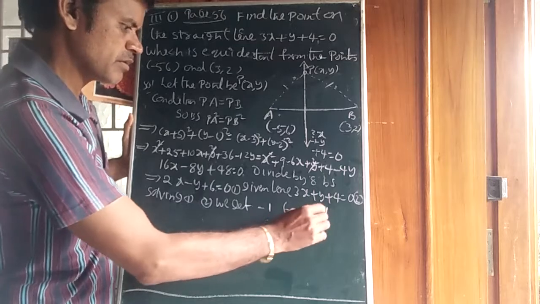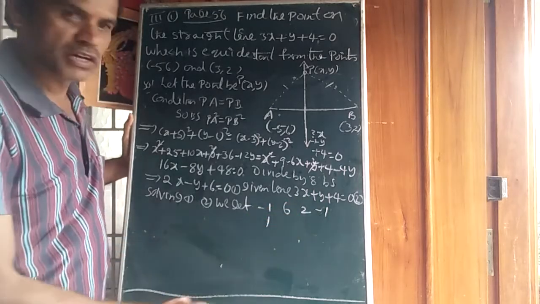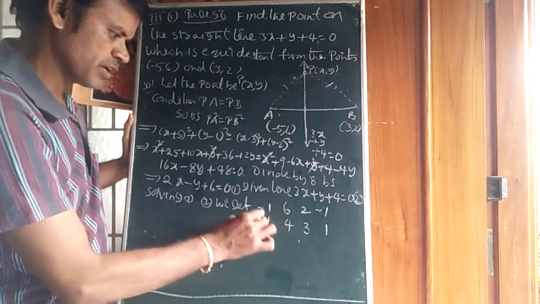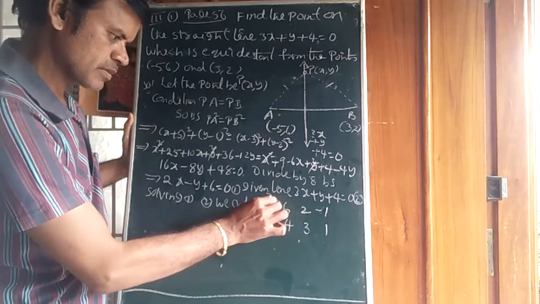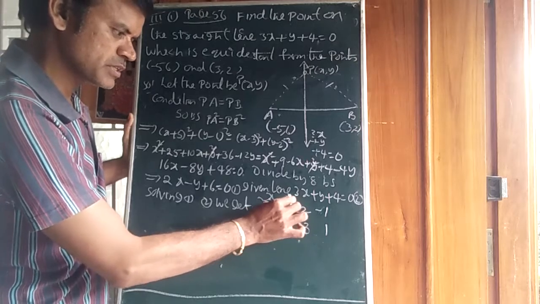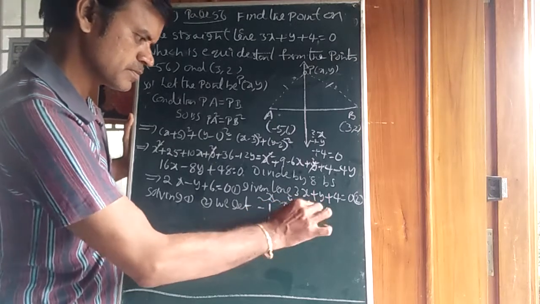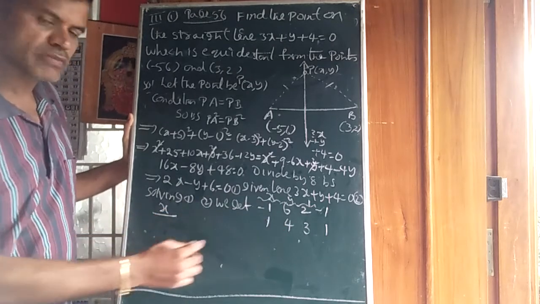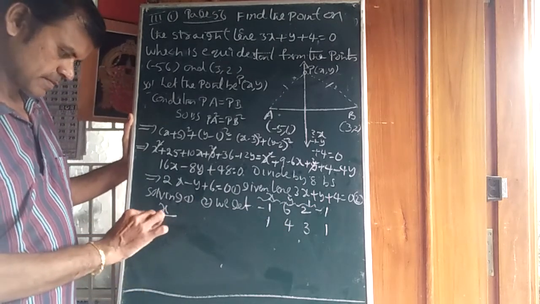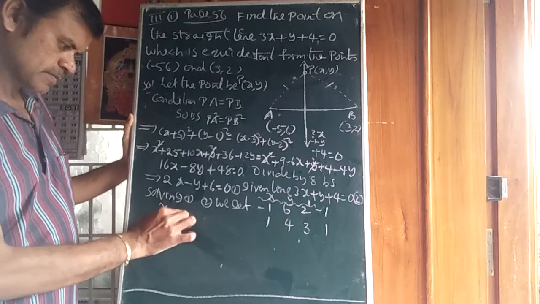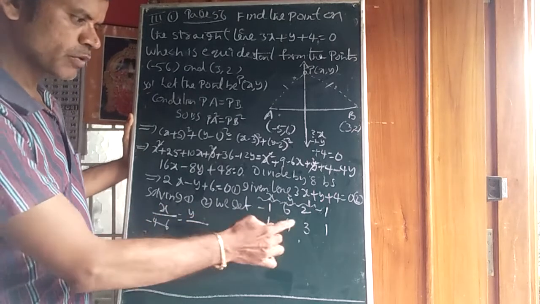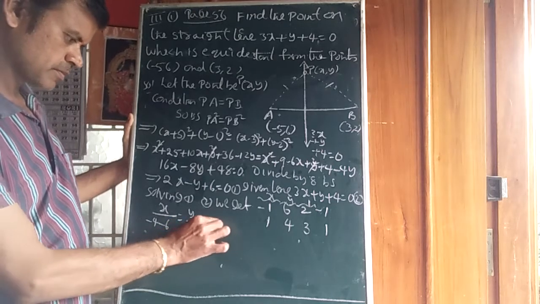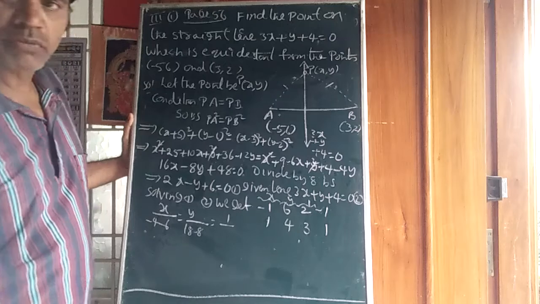In the similar way, here y coefficient 1 and constant 4, and x coefficient 3 and y coefficient 1. This is x, this is y, this is 1. x by minus 4 minus 6 equal to y by 6 times 3, 18, minus 8, equal to 1 by 2 plus 3.